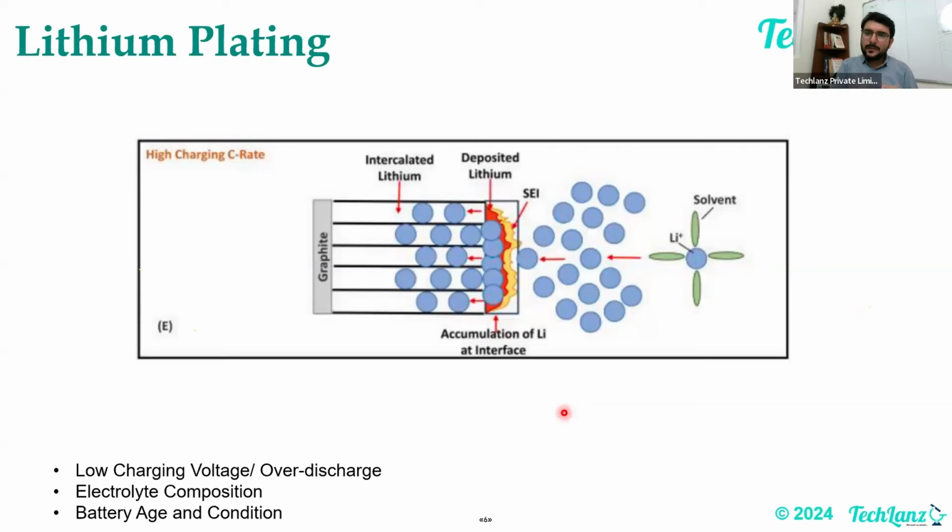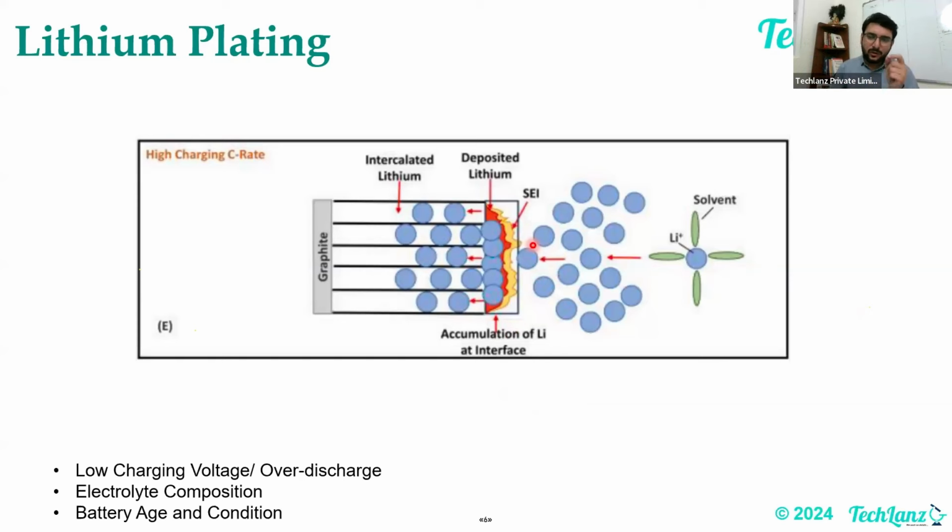How does the plating happen? Those ions deposit on a particular metal surface during the electrolysis process.